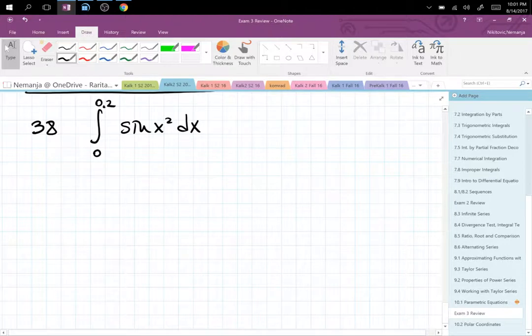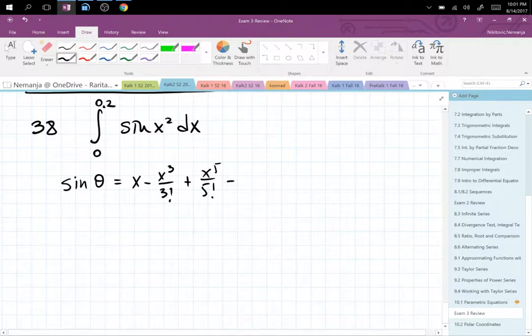Now remember, I'm going to write my expansion of sine theta because I need to replace every theta by x squared. So I have x minus x cubed over 3 factorial plus x to the 5 over 5 factorial minus dot dot dot. And then I replace every theta with x squared.